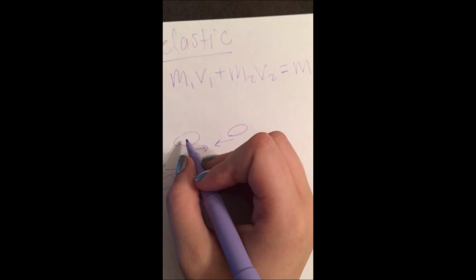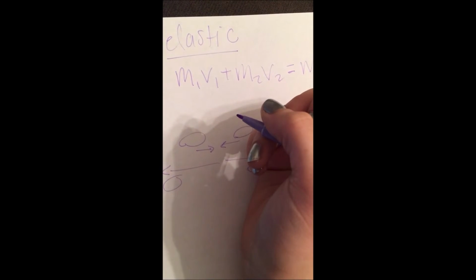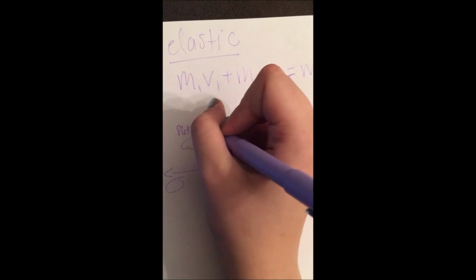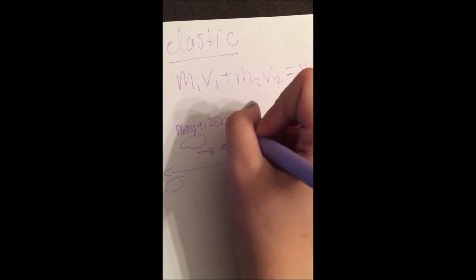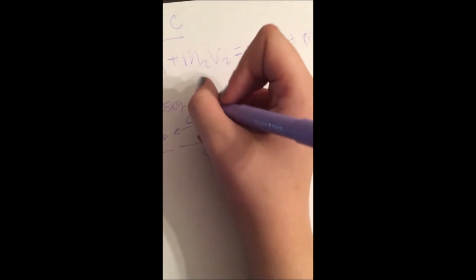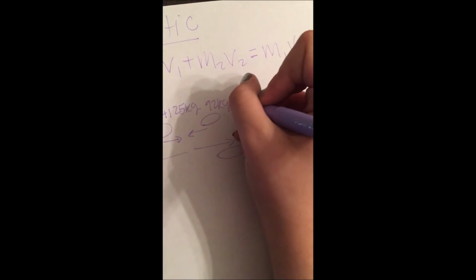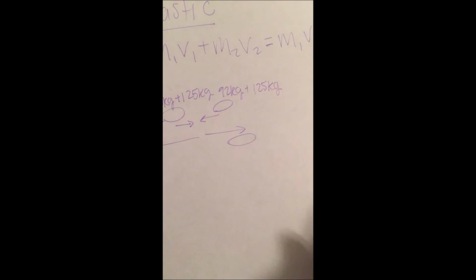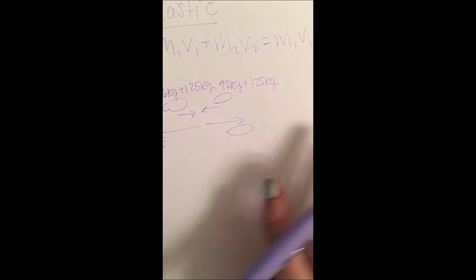The first mass, the first person in the bumper car, is an 86 kilogram person plus a 125 kilogram go-kart. Then we have this person who is 92 kilograms plus his 125 kilogram cart 2. The masses stay the same in both times of the collision.